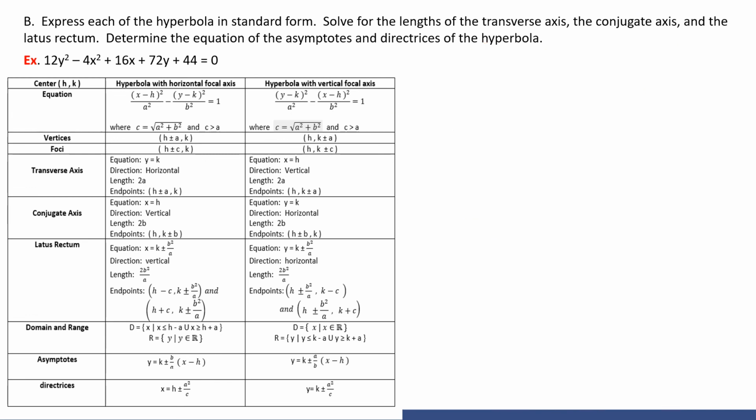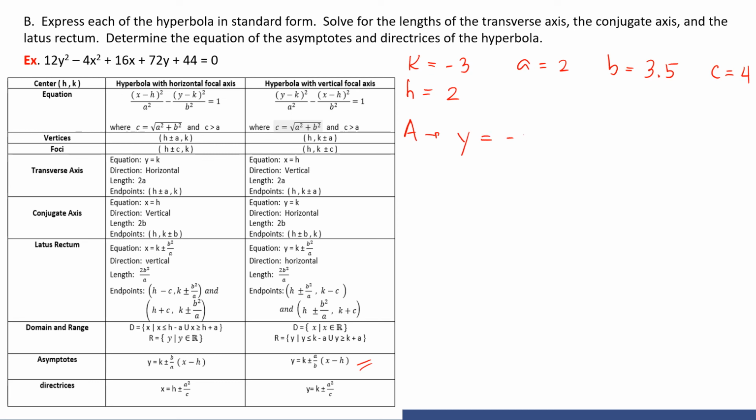Next, determine the equation of the asymptotes and directrices of the hyperbola with the values of k. Ano nga ang k natin? Negative 3, h is 2, and then a is 2, b is about 3.5, and c is 4. For the asymptotes, we have this pattern. So our asymptote, okay, is y equals k.